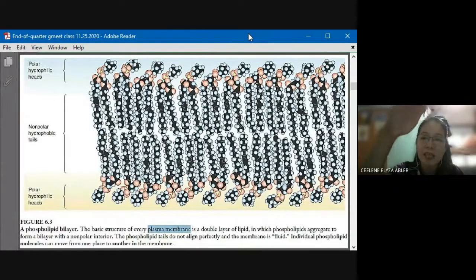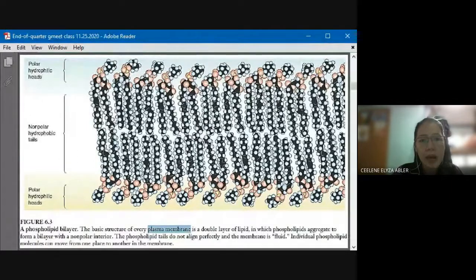So, remember, if for example there are many of them in this portion outside of the cell and they want to enter inside the cell, for example this portion is inside the cell. So, that means they just need to use the power of potential energy. So, what is it? From higher to lower concentration. So, they just go down. That's how they use it to get in.